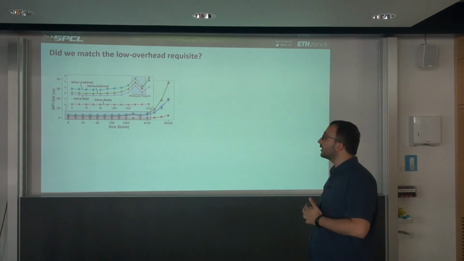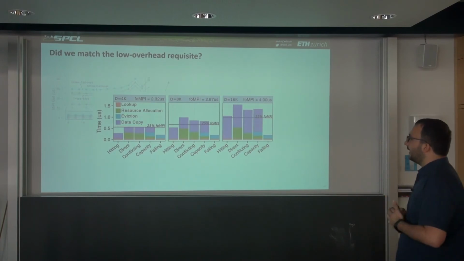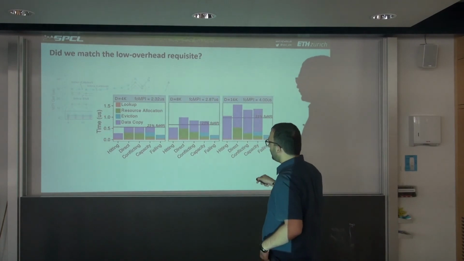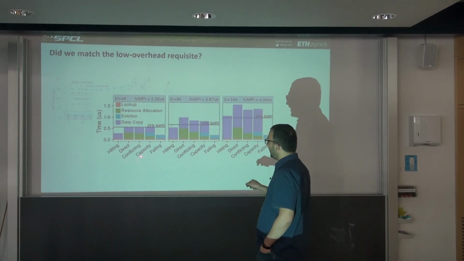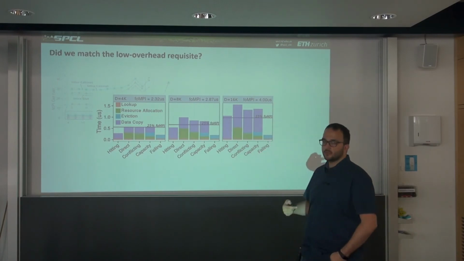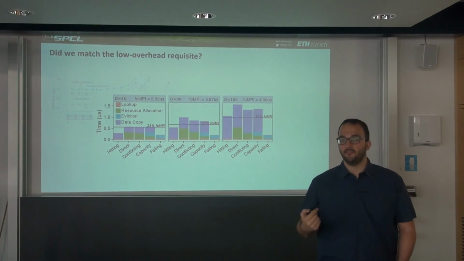Is this software caching system really low overhead? In this experiment, that is again a kind of ping pong between 2 processes, we show a breakdown of the causes, for different accesses. So this is a hit, this is a direct access, where a direct access is just a miss that didn't cause an eviction.